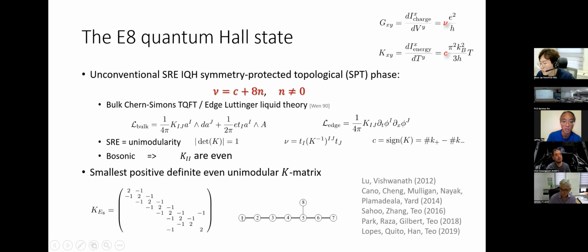So for example, if the first node and the second node are connected by a link, this corresponds to the minus 1 in the 1, 2 and 2, 1 entries of the K matrix. So each time you see a link, this gives you a minus 1 in the off-diagonal parts of the K matrix that connect the n and the n+1 node, for example.